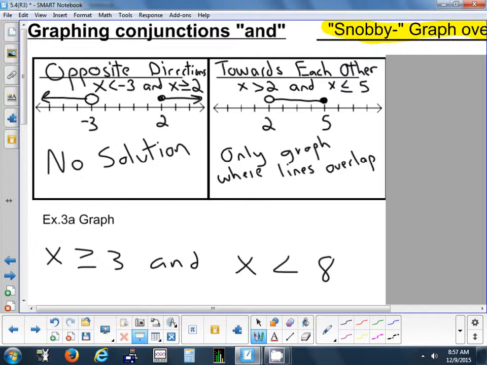Those are the only numbers I could put in for x and have this be true for both inequalities. So if they're going towards each other, you only want to graph where they overlap. Mr. Lawrence: You mean towards each other? Towards each other, I'm sorry. They're going towards each other, so you only want to graph where they overlap.